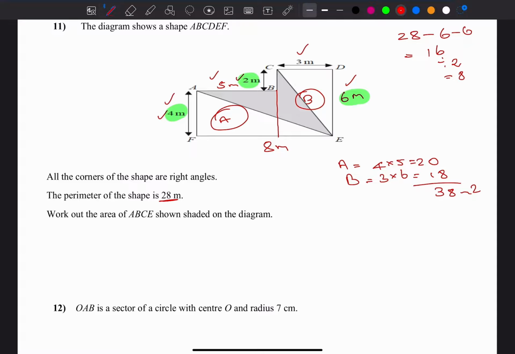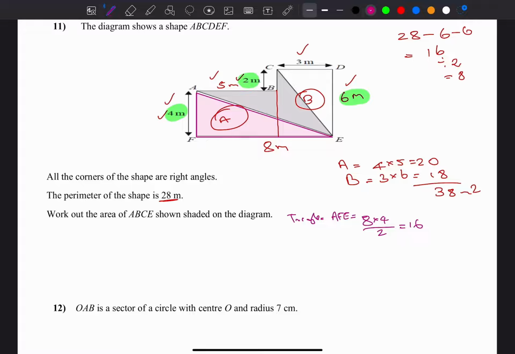Then remember, I have to take away the triangle. So what triangle am I going to take away? I'm going to take away this triangle, triangle AFE. Base of the triangle is 8, height is 4, divided by 2, which makes it 16.